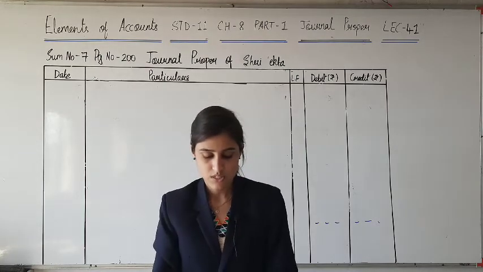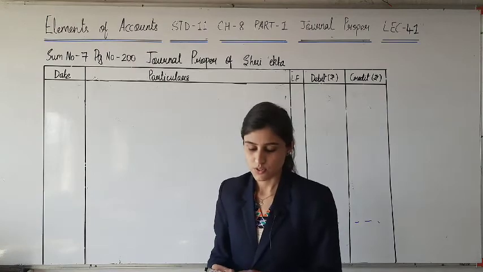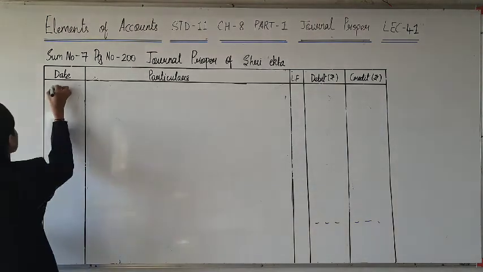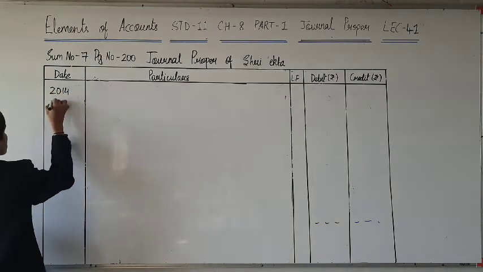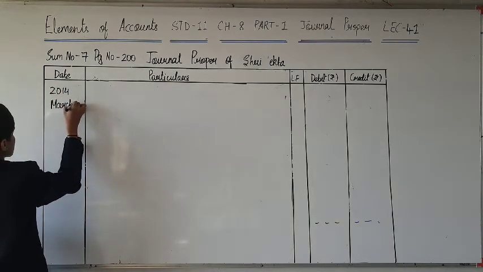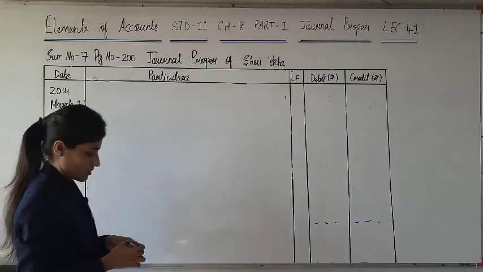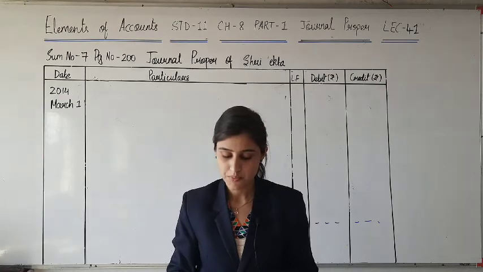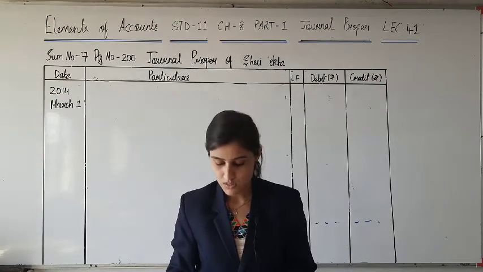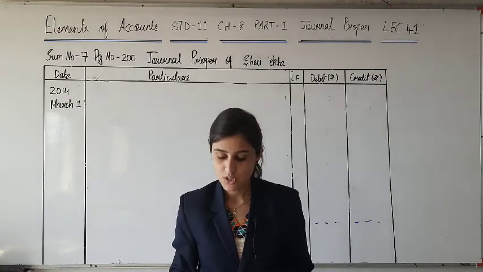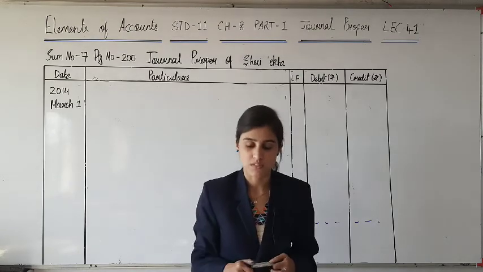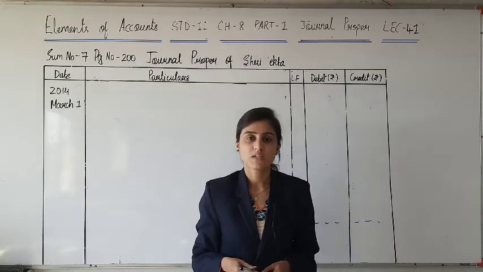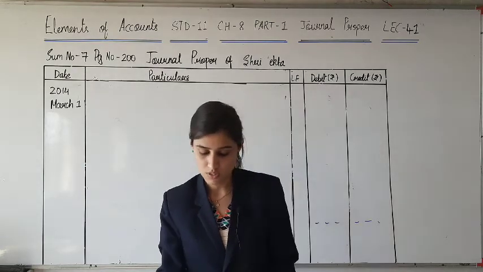The first transaction, 2014, 1st of March. Brought furniture of rupees 7,000, goods of rupees 15,000 and machine of rupees 20,000 to start business. This is an opening entry. This is investment and capital. This needs no explanation.